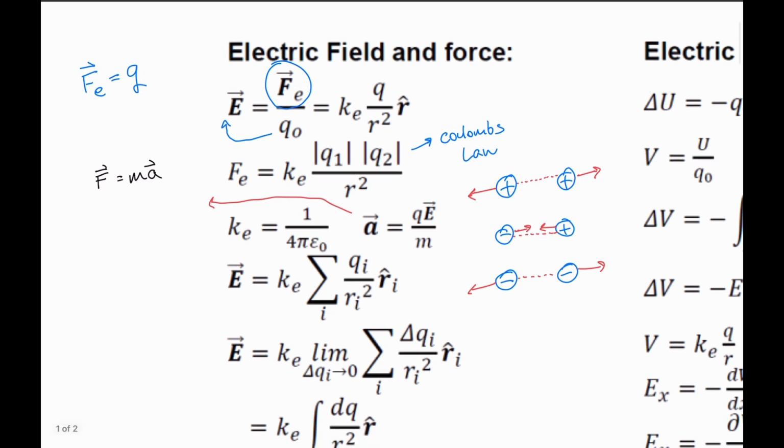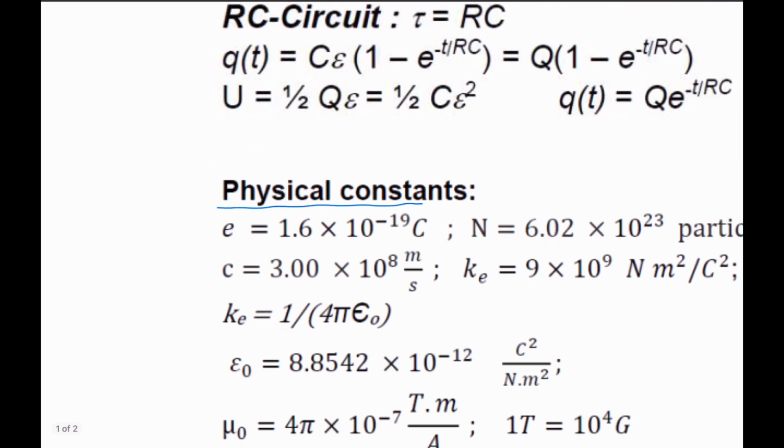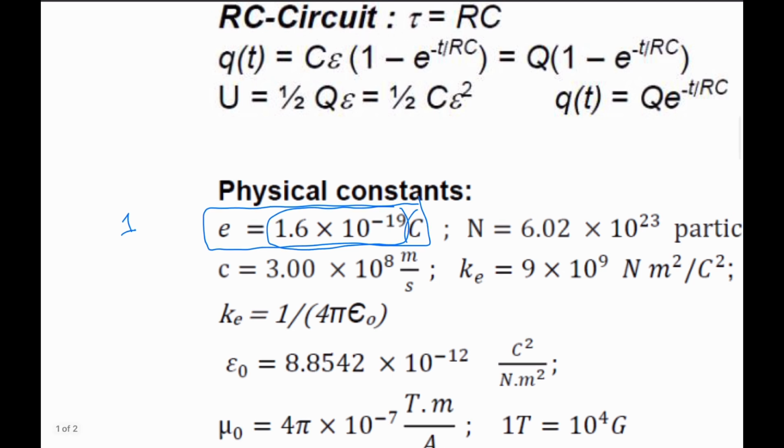What I mean by unit is, if you look over here at the physical constants, this is the charge of the electron. This number over here is not a unit. It is not a number 1. It is 1.6 times 10 to the negative 19. Sorry, my apologies. A unit charge would be just 1 coulomb.